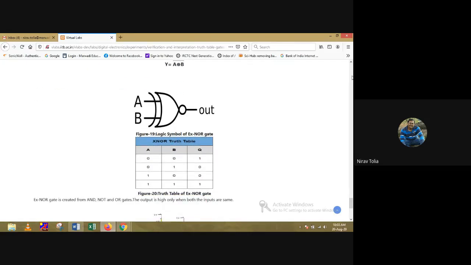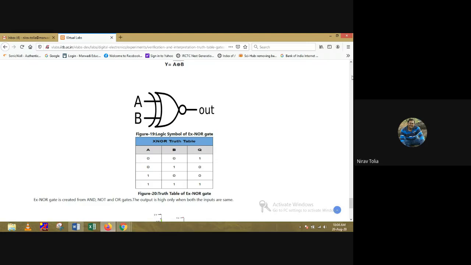The output of the exclusive OR gate is 1 when both inputs are different. The output of the exclusive NOR gate will be 1 when all the inputs are in the same state. If A and B are 0 0, both are in the same state, or both are 1 1, then your output will be 1.